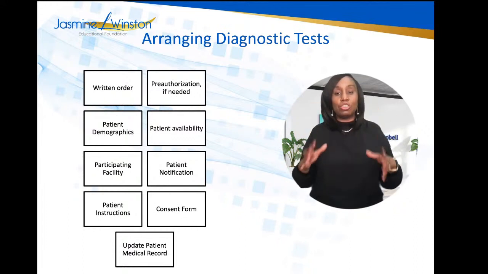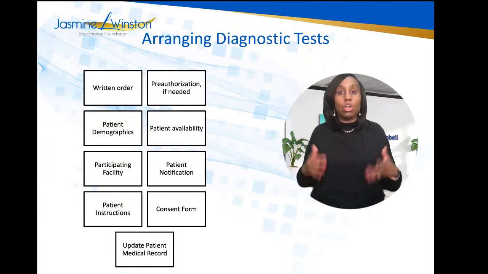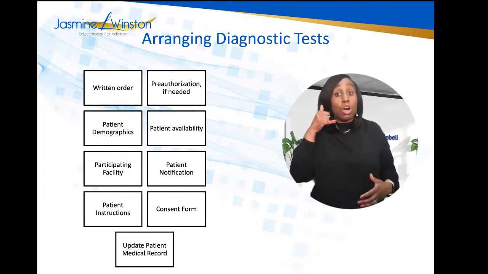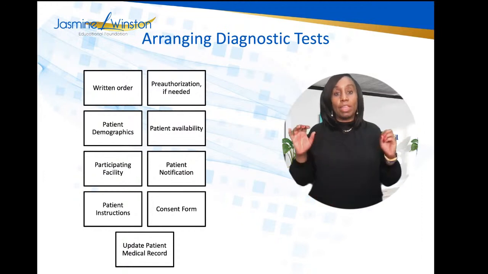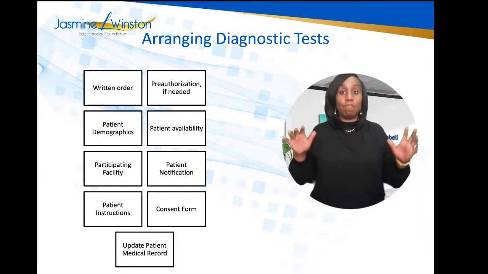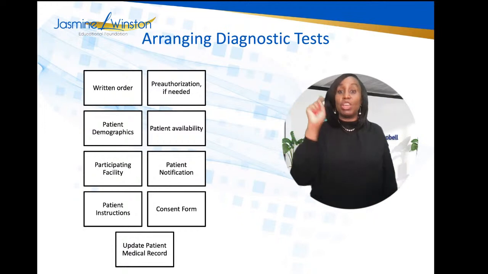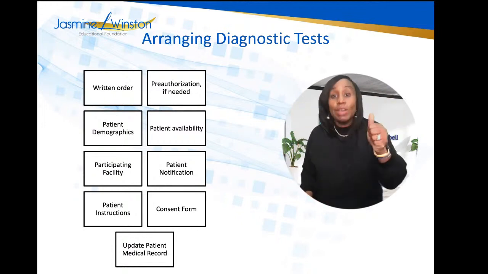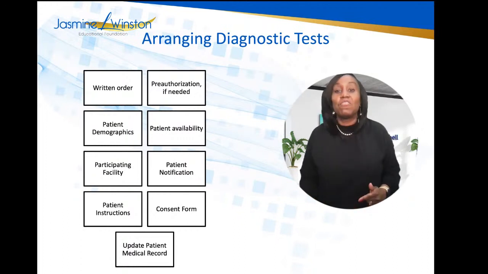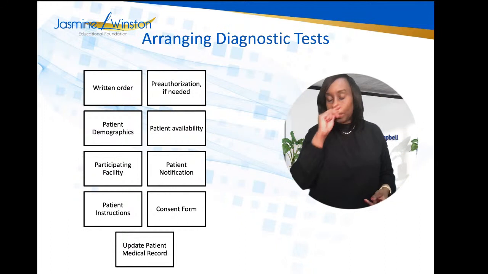Now, some insurance companies require what is known as a pre-authorization. Pre-authorization is where you call up the insurance company and ask them if the patient can have this service. And guess what? When you call for pre-authorization, they want to know who is it, date of birth. They want to know what test the doctor wants and why.